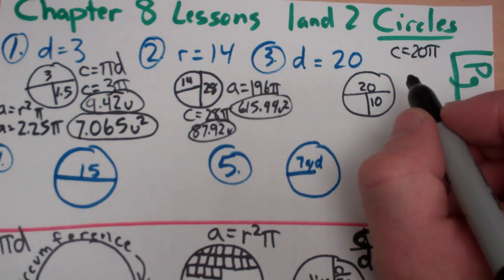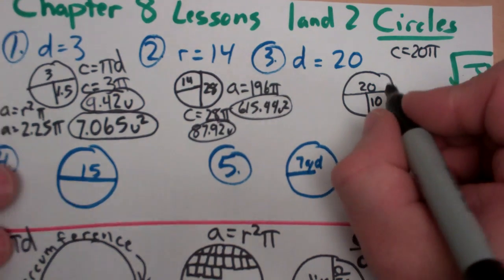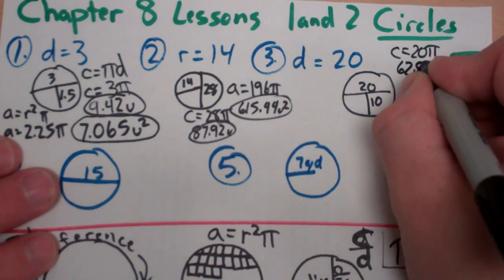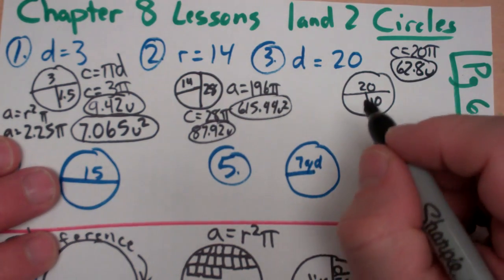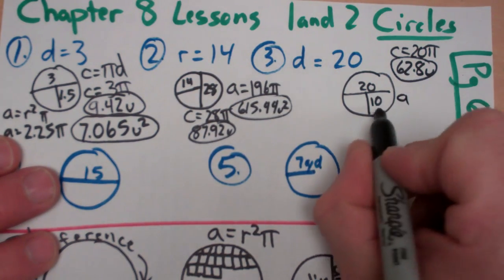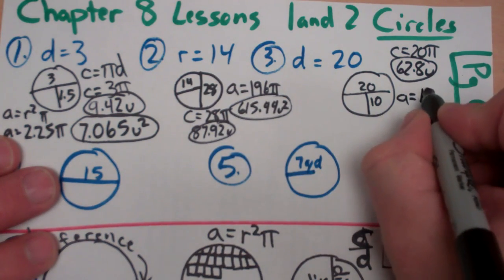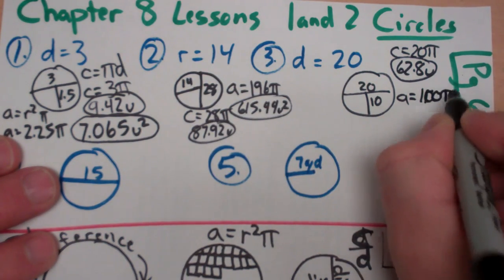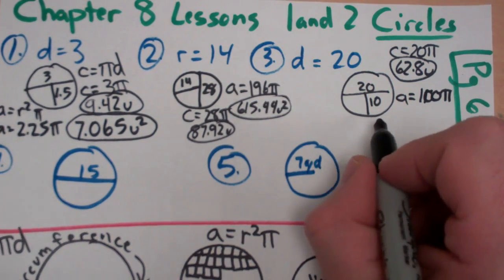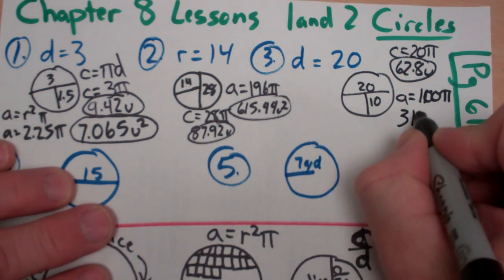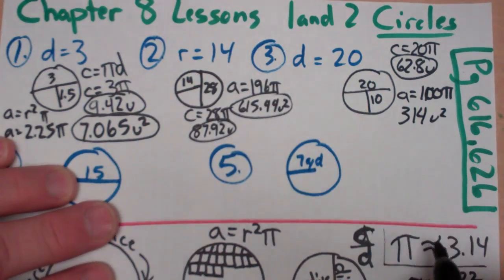Let me take 20 times 3.14, and you get 62.8 units around this thing. If I want the area, remember that's radius squared, so 10 times itself is 100. 100 pi, that's in pi notation. Or I can take 100 times 3.14, which gets you 314 units squared.